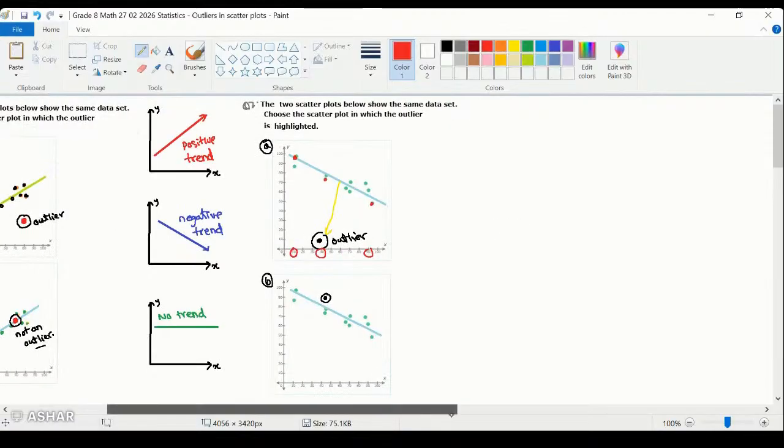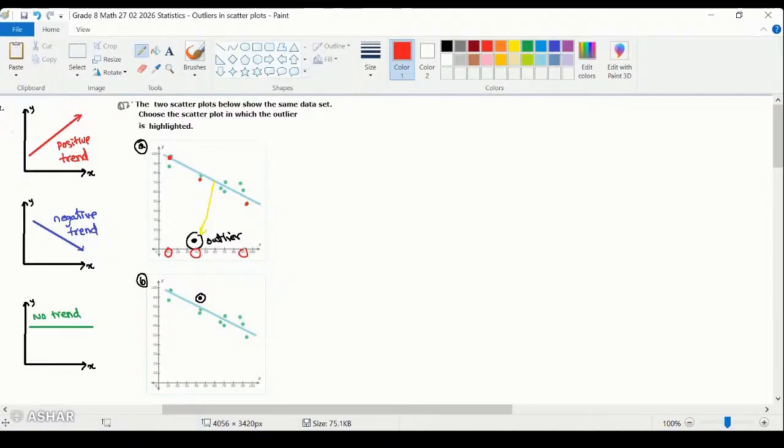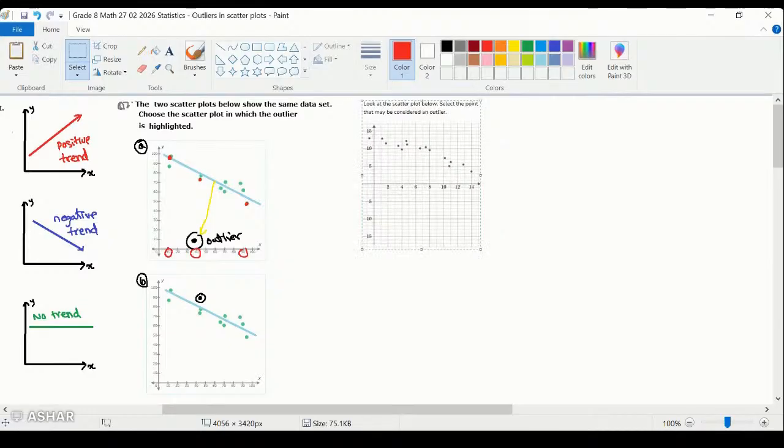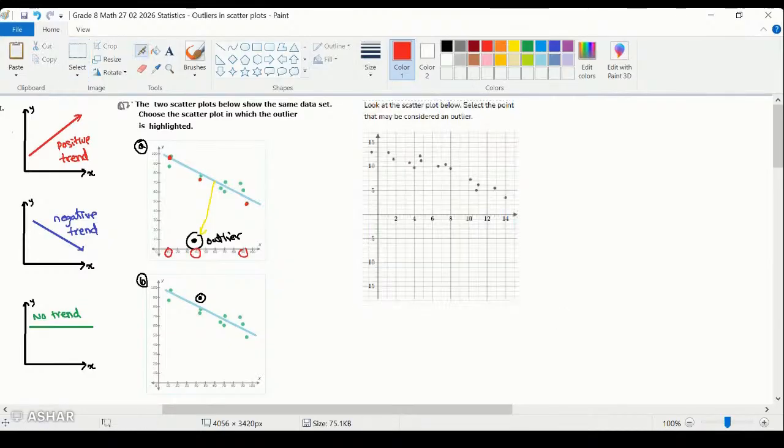So we can also find the trend for any given questions, okay? So let's have a look. Let's say for the given question, question number 3, they are saying, look at the scatter diagram and find the point that may be considered as an outlier. See, if I would say we have a point here, okay?